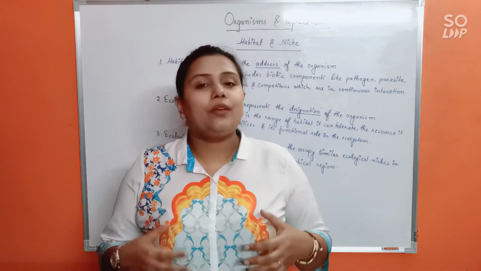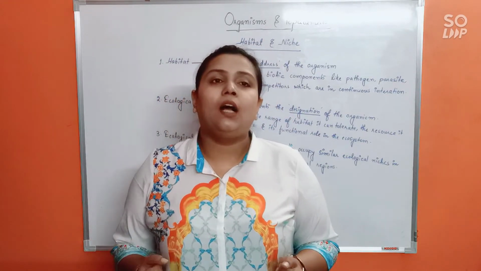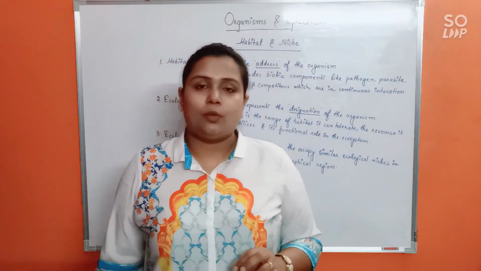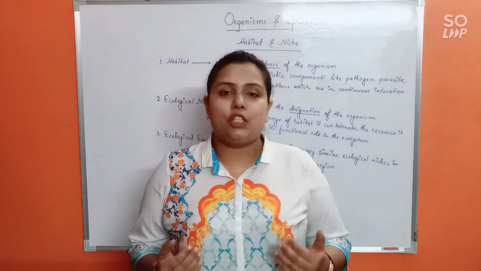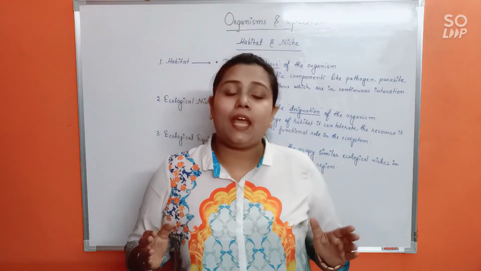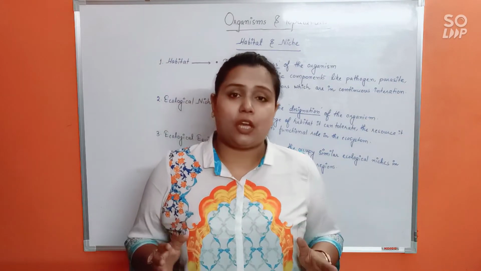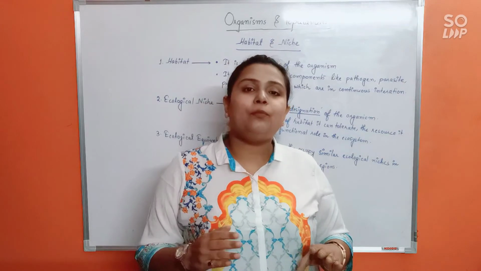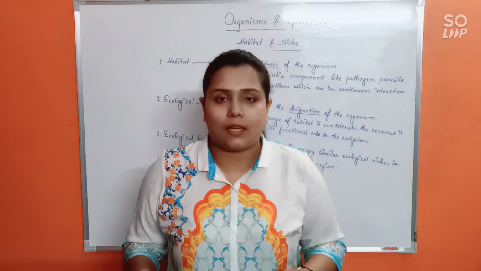Understood this? Now there is a particular rule, that is Gause's principle of competitive exclusion, according to which it is suggested that if two organisms share the same habitat and they also share the common niche, then one of them will be excluded. One of them would no more survive, it will become extinct.